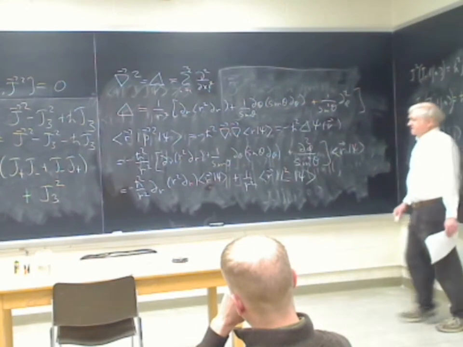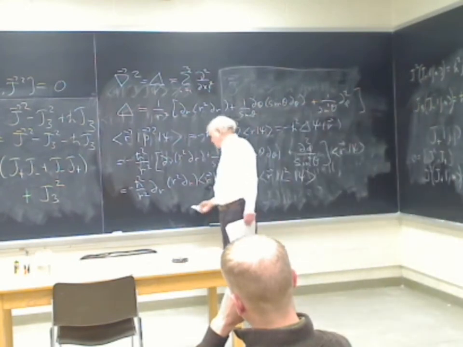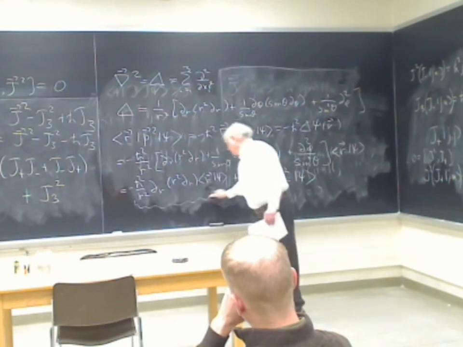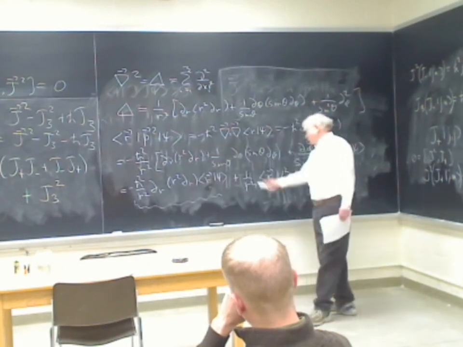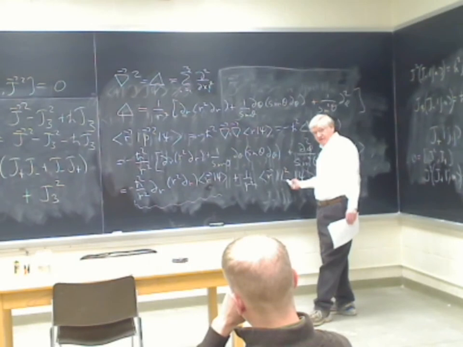So this takes the essential part of the kinetic part of the Hamiltonian and gives you an expression involving r, and then an expression 1 over r squared times the matrix element of L squared.